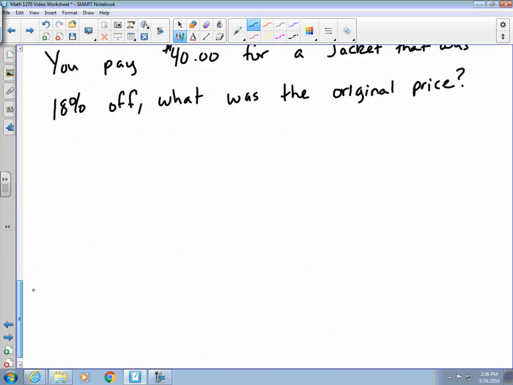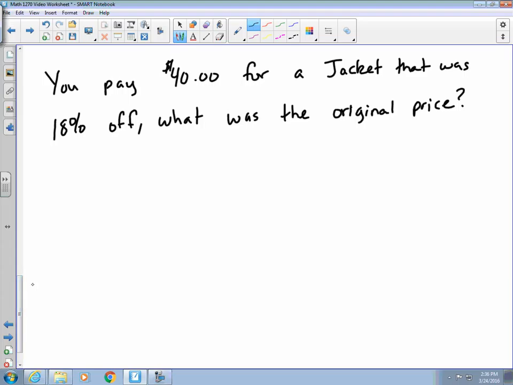So what was the original price of the jacket? To set up this one, you have to set up an equation. You want to know the original price.